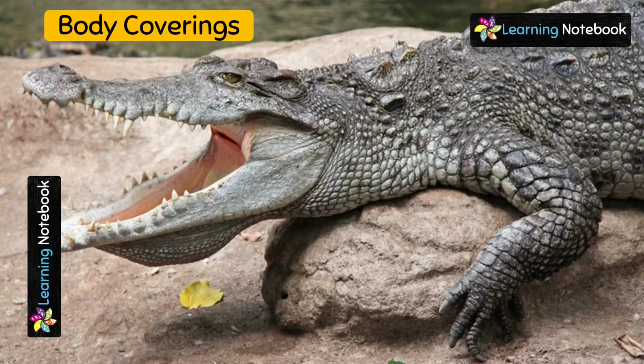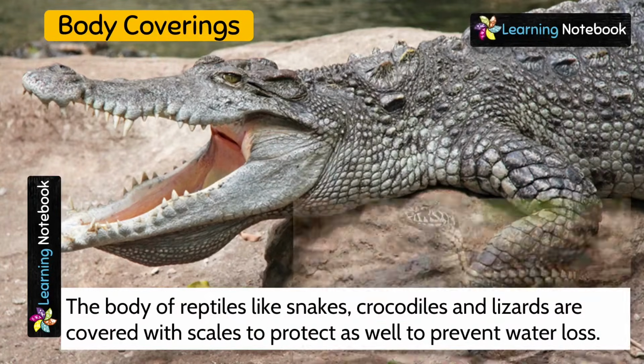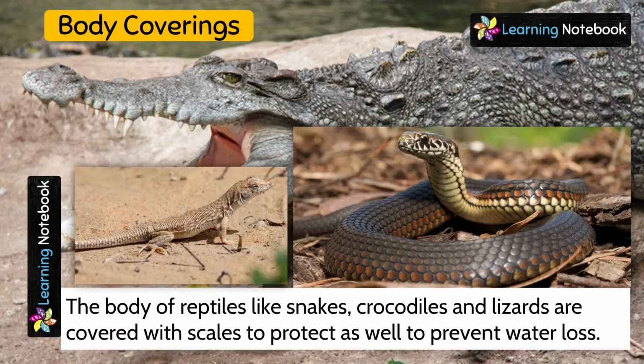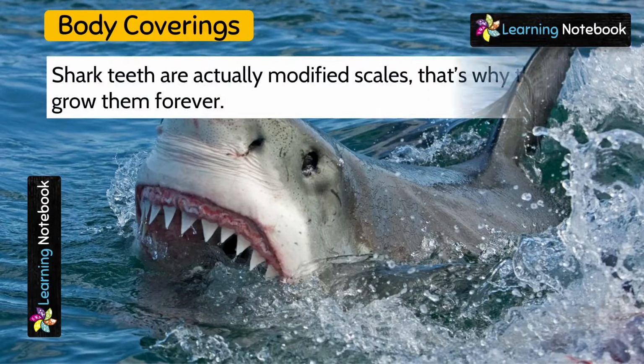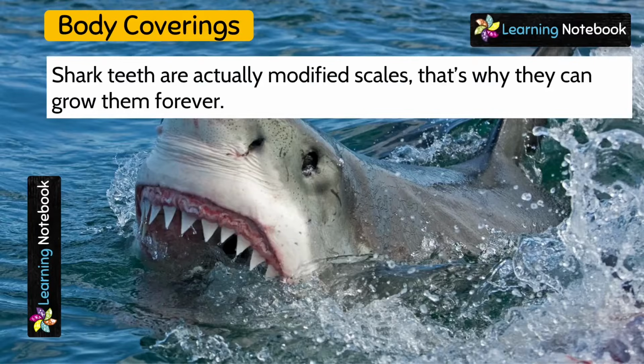Let's see more examples. The body of reptiles like snakes, crocodiles and lizards are also covered with scales to protect as well as to prevent loss of water. And students, do you know shark teeth are actually modified scales, and that is why they can grow them forever.